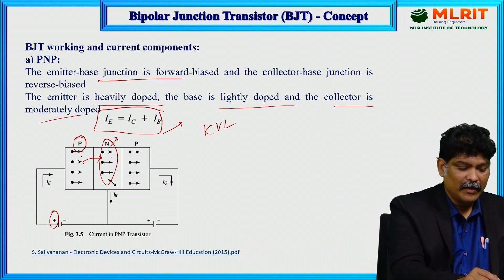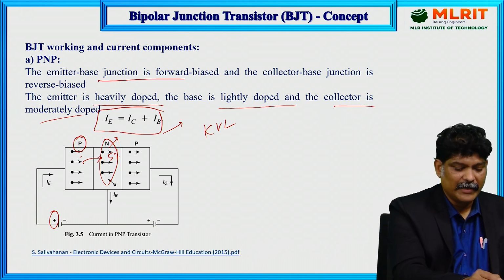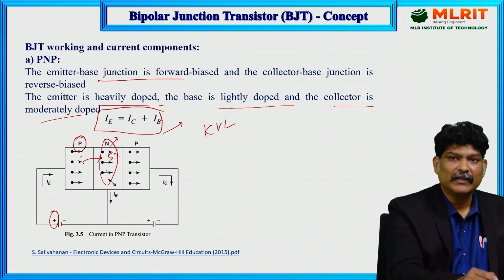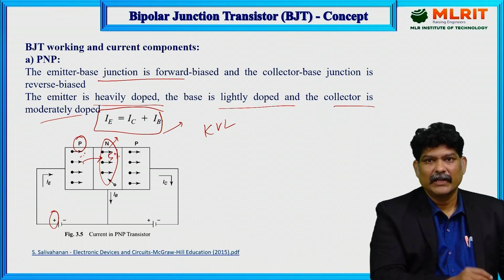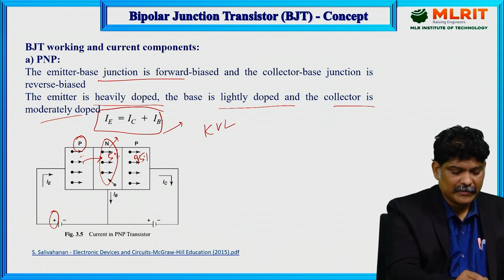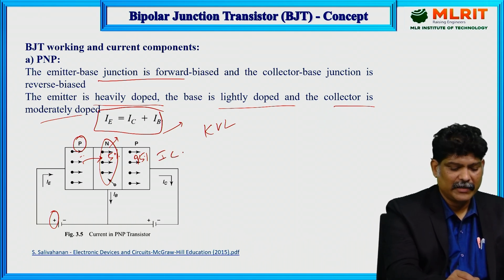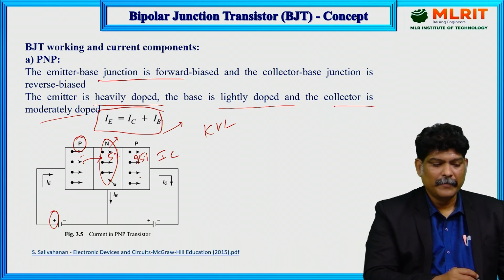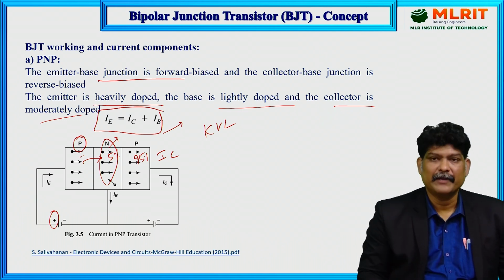Only 5% of the electrons in the base region will recombine with the holes emitted from the emitter region, and the remaining 95% will enter into the collector region, which constitutes the collector current, right? So this is the basic concept of your BJT, NPN and PNP transistors.